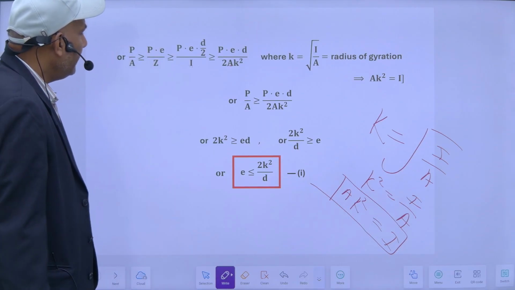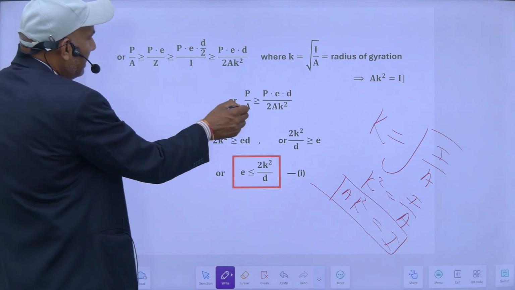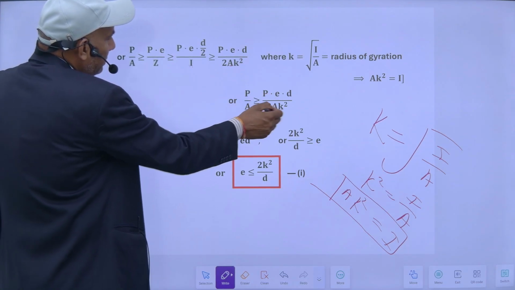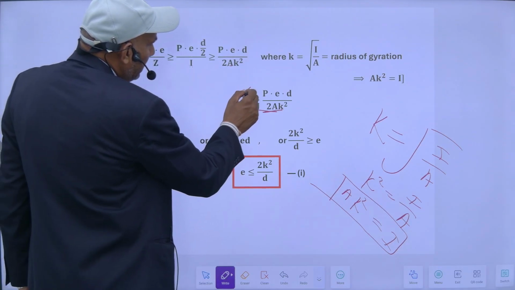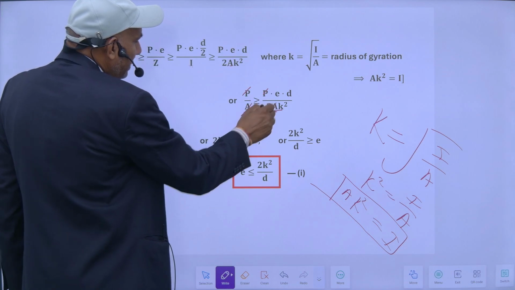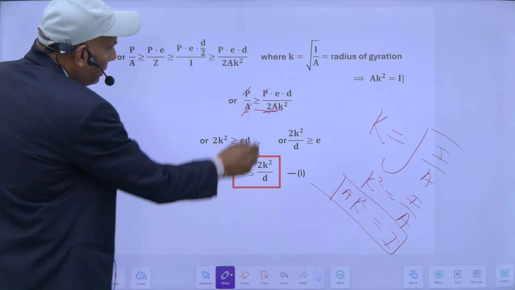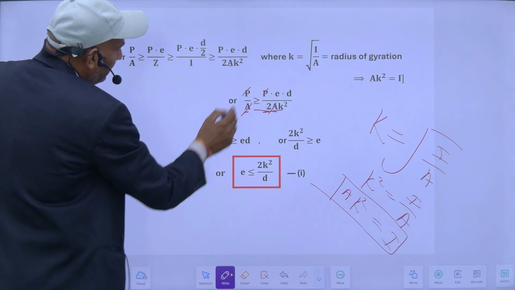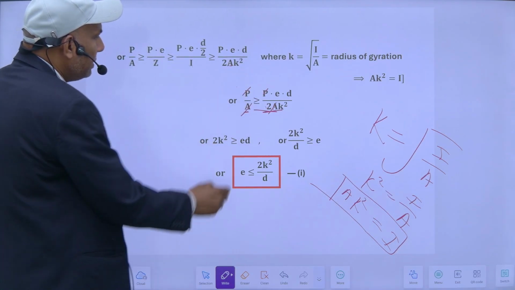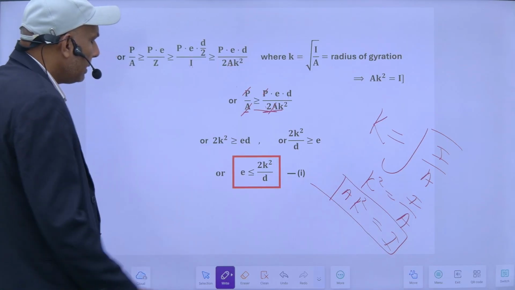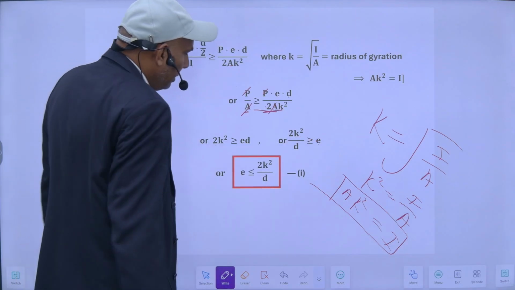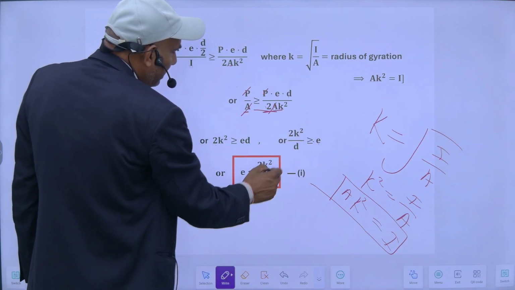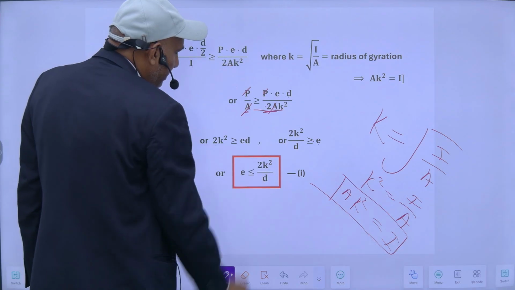Now finally, this is my direct stress. The load P and the area will cancel each other. 2AK square will come here, and should be greater than or equal to this ED. Or I can say 2K square upon D is greater than E. Or I can say E must be less than 2K square upon D.